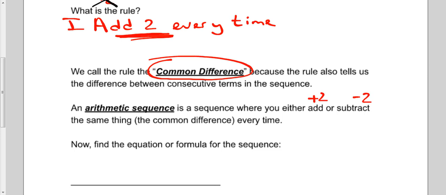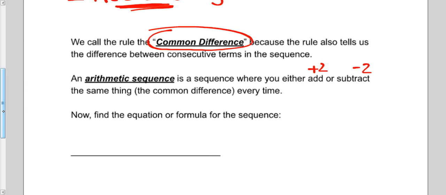Okay? Now, there is another term that we're going to introduce to you in the next lesson, but I want you to have exposure to it right now. And I want you to write this on your lesson sheet. This is also called simple interest.